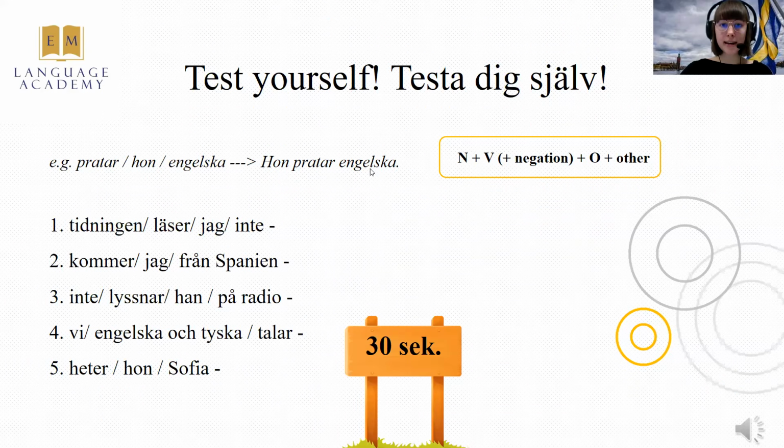She speaks English, right? Then what do we have? Yes, you are right. We have the verb because we are talking about the second position. If you want to make a negative sentence, we use negation, which comes after the verb, right? Then the object and something that is left. So we have 5 sentences here and 30 seconds for you to do the task.